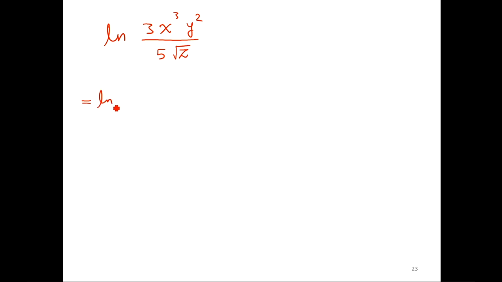So we have directly ln 3 plus ln x to the power 3 plus ln y square. This is the numerator. Now we need to distribute the ln in the denominator. So we have minus ln 5 minus ln radical z, like this. Minus in the denominator, plus ln in the numerator.